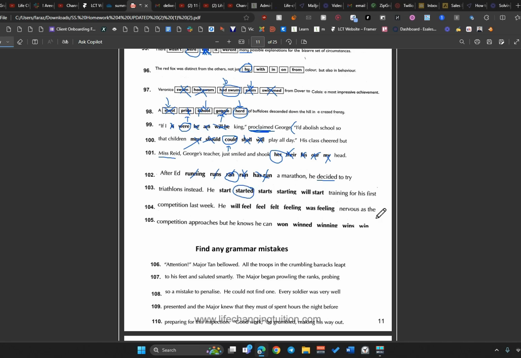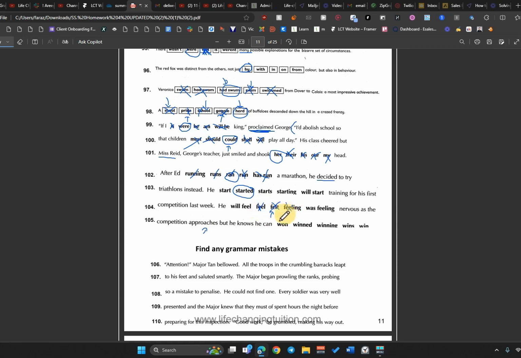Competition last week. He something nervous as... Okay, so he will feel nervous as the competition approaches. Or he felt nervous as the competition approaches. Well, that doesn't work because this is in present tense, and that would be in past. That wouldn't work, right? He feel, well, that doesn't work. He feeling nervous.